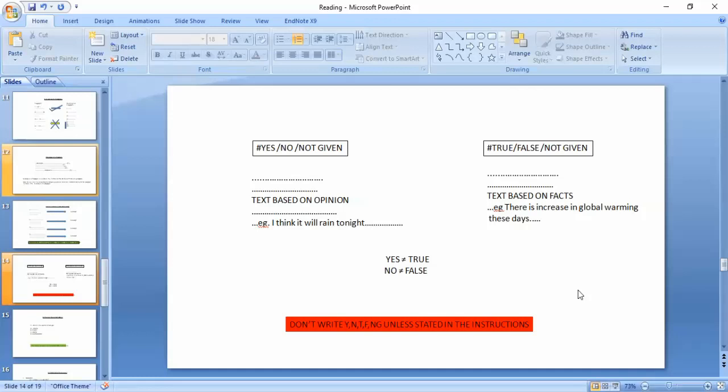For example, because the questions might come anywhere ranging from 2 questions to 11 questions of this type. So, for example, if you are already obtaining band 5 in reading, and if you answer these questions correctly, then you might end up in band 7. Okay.